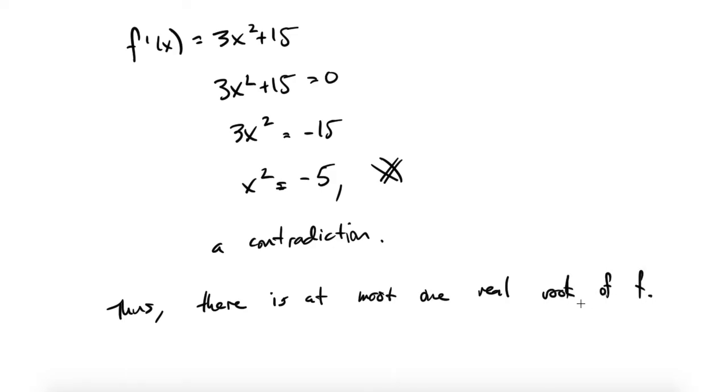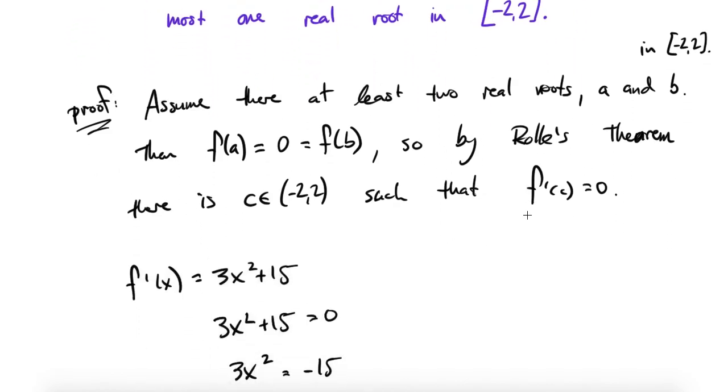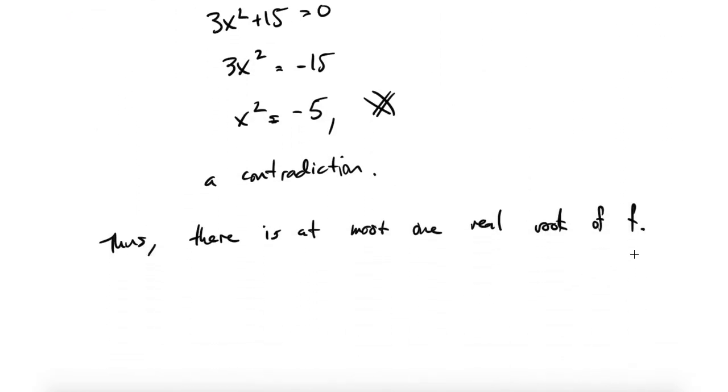And in fact, this is true just in general, but if you want to be specific about what the problem was asking us, there's at most 1 real root in this interval from -2 to 2. Right? So now we got what we wanted.